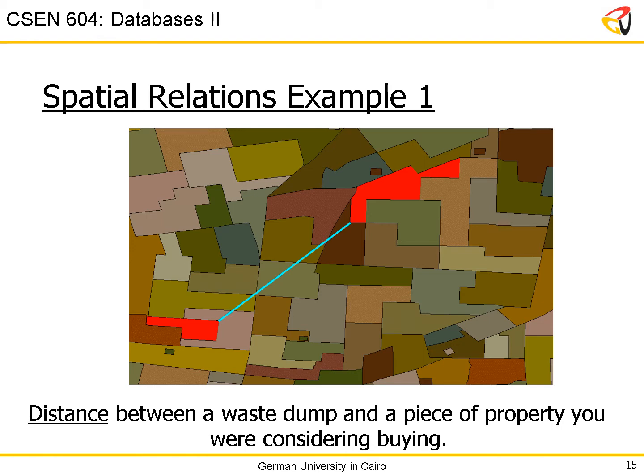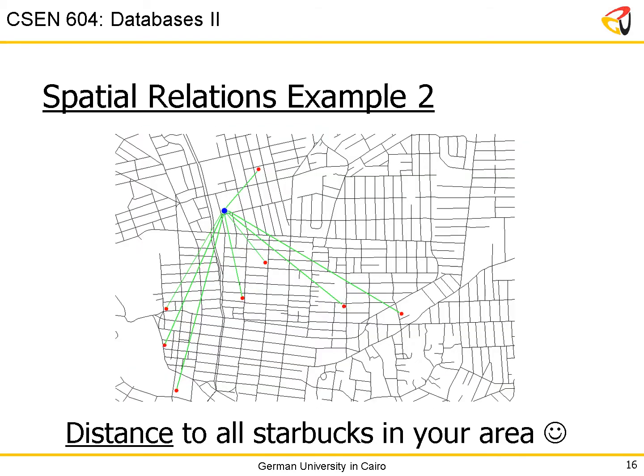So this is an example of proximity, how close. Now, proximity could also be used to ask a basic question: how close is, or what is the distance to, some shop you're interested in. Let's say you're interested in getting your morning cup of coffee, and you like Starbucks.